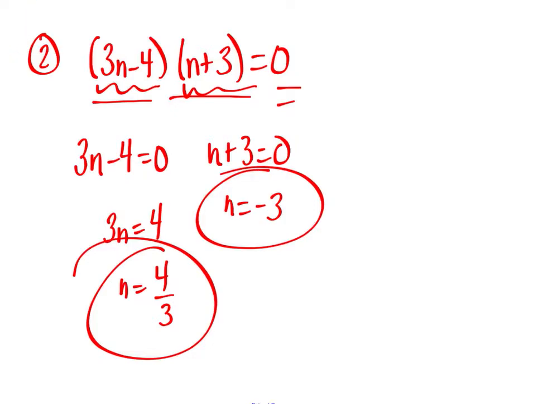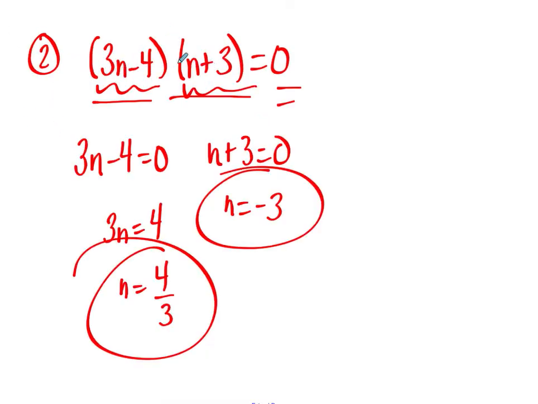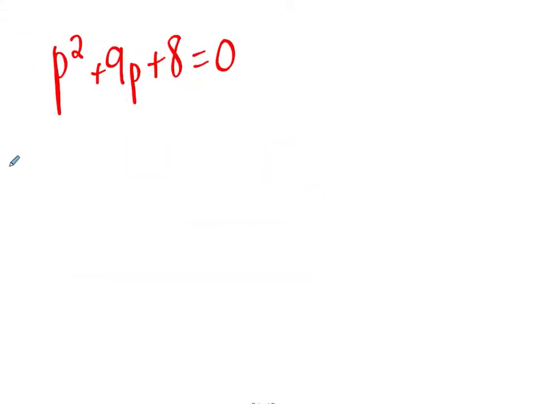All right, number 3. What's different with number 3? Well, it is set equal to 0. Does it look like number 2? No. What's different about it? It doesn't have the parentheses. Right. So it's not something times something equals 0.